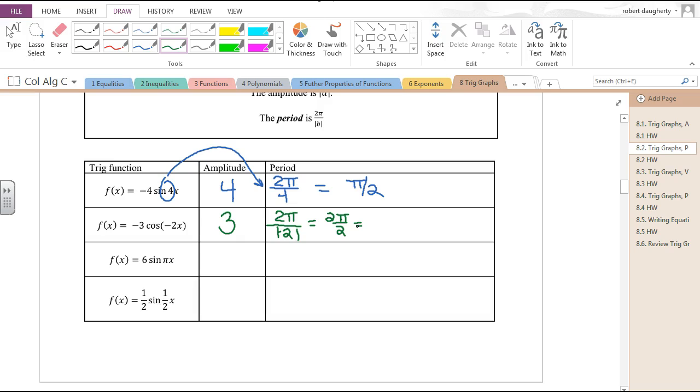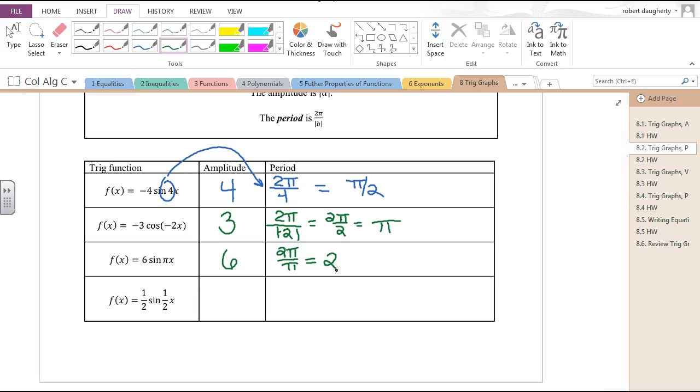That is pi. Okay. What is the amplitude of the next one? 6. What is the period? 2 pi divided by pi, which is 2. Okay.